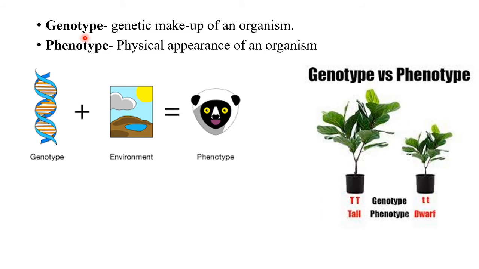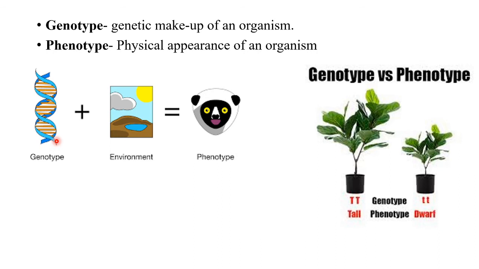Let's see what is genotype. Genotype is the genetic constitution or genetic makeup of an organism, whereas the phenotype is the observable or physical appearance of an organism. That is, phenotype represents only the expressed genes, and genotype represents the sum total of the expressed and suppressed genes.